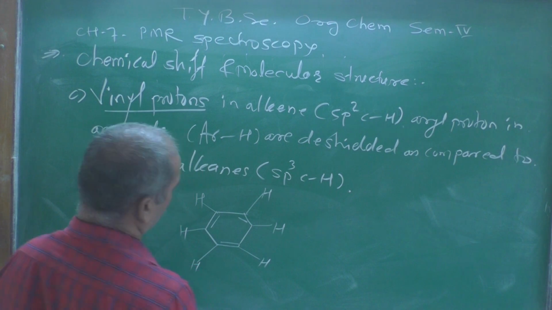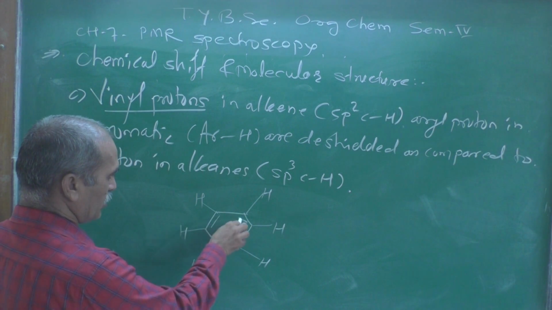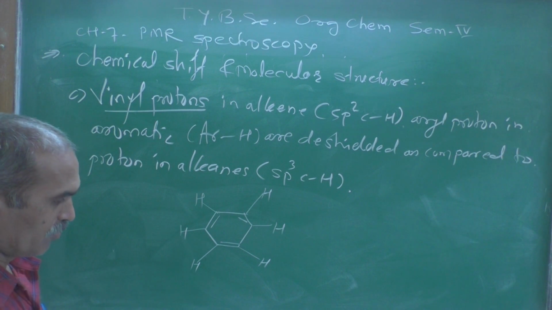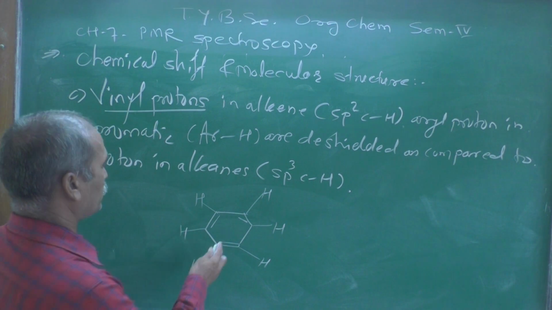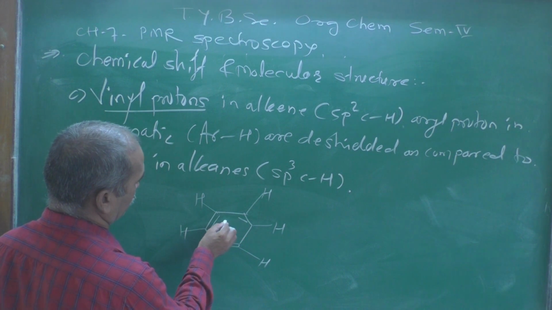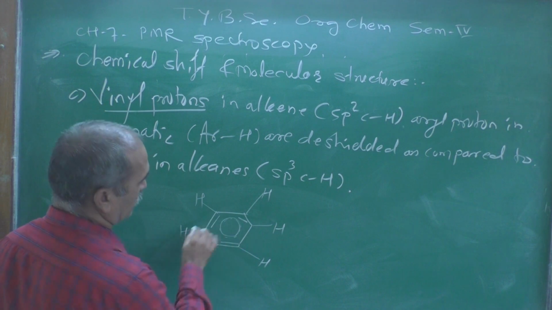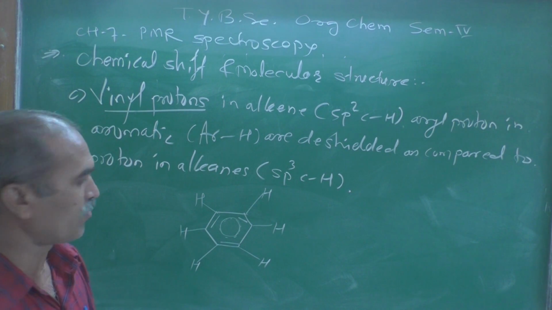Here, due to the carbon-carbon double bonds which are alternately placed, the electrons circulate, and a ring current is formed.